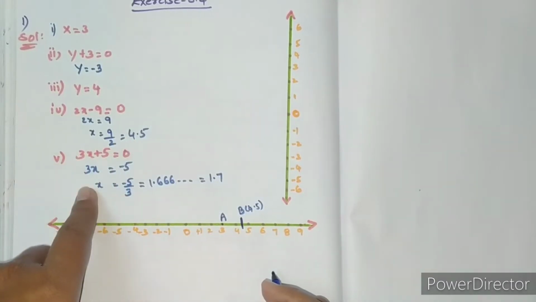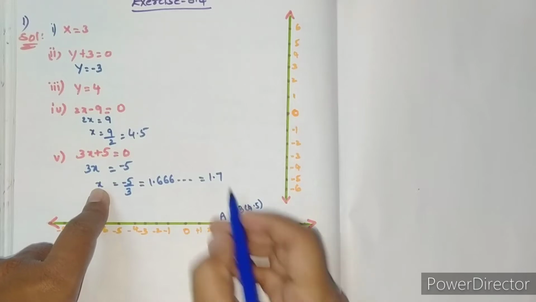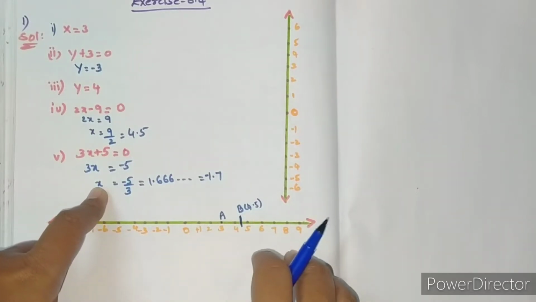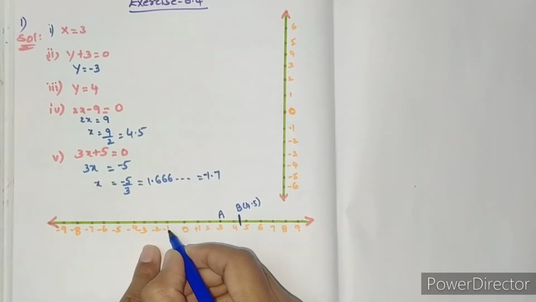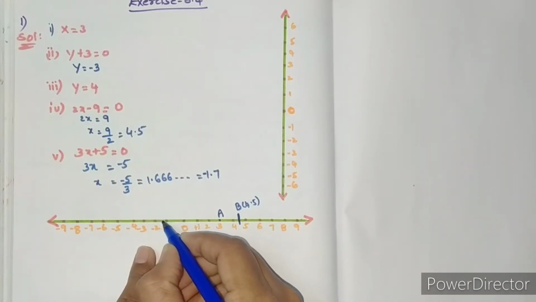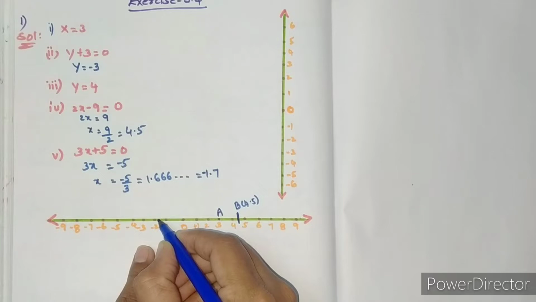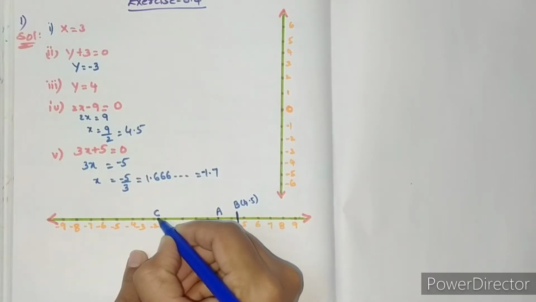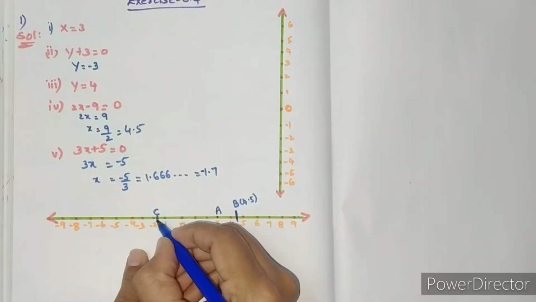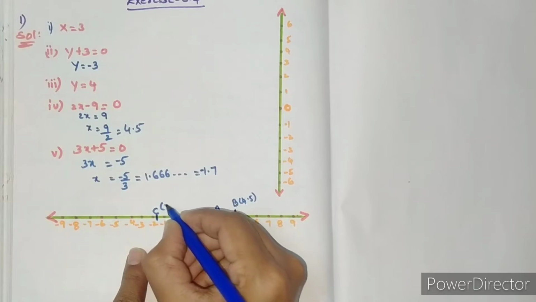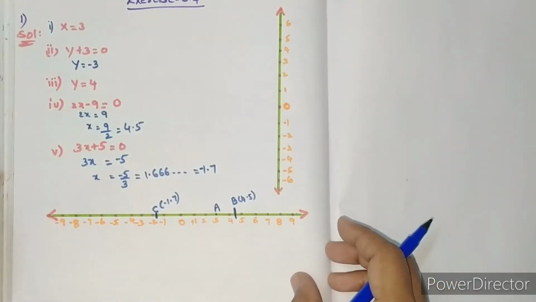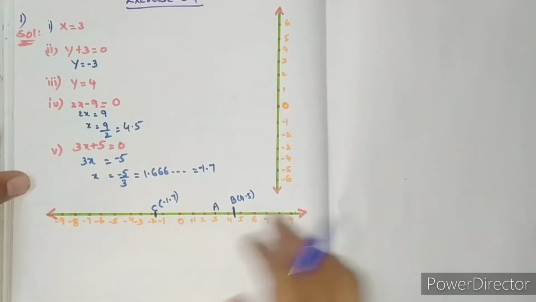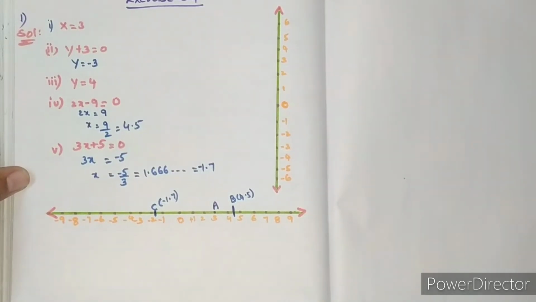Next x is equal to minus 1.7. It lies between 1 and 2, nearer to 2 only. So this is point C, minus 1.7. That's it for the x values.